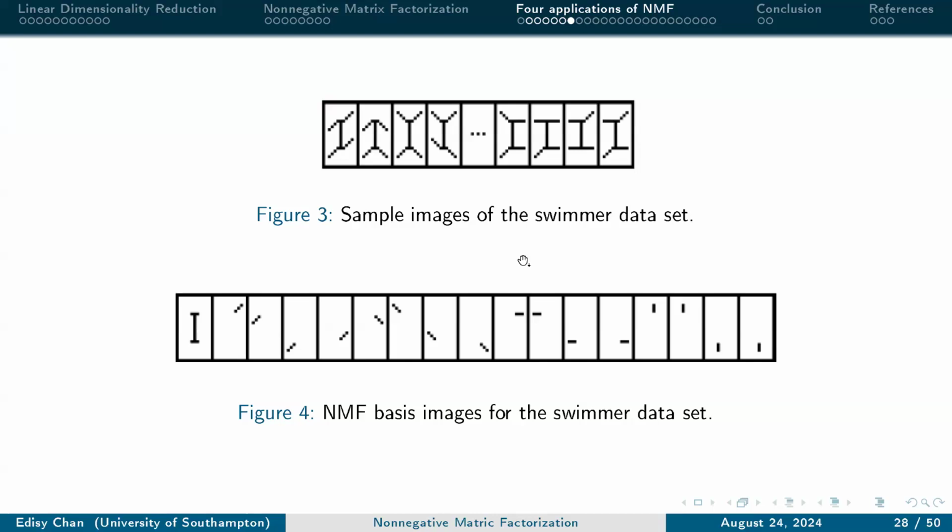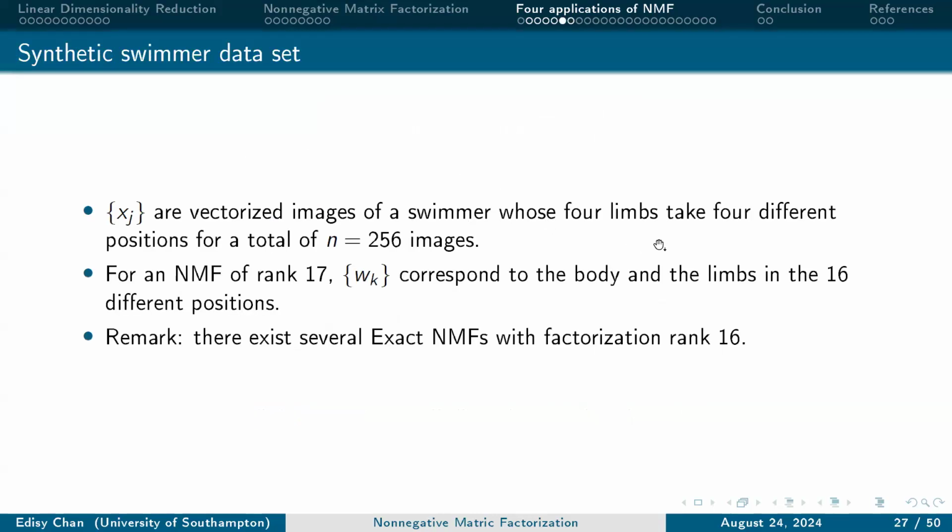I talk about this easy problem because there actually exist exact NMFs with lower rank, rank 16, that solve the same problem. So sometimes we could use the exact NMF for this kind of problem, but most of the time we will just consider approximate NMF.